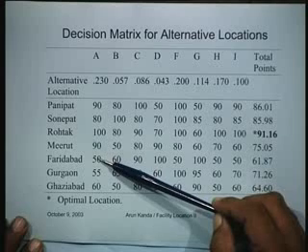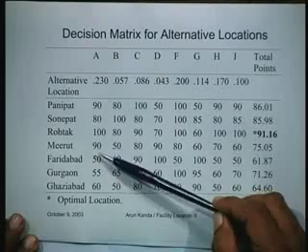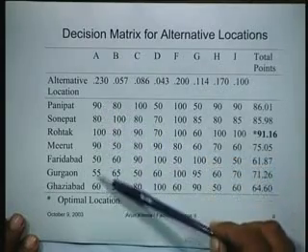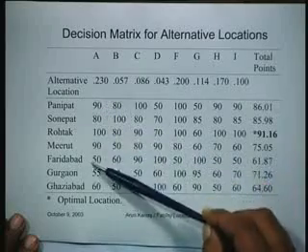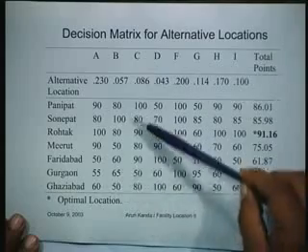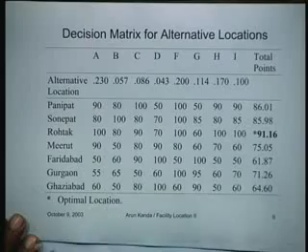Although it was an industrial town, there were already a large number of industrial units set up, so availability of raw material was more difficult as compared to other locations. So this was the scheme, on a normalized scale of 50 to 100. Similarly, all these evaluations were done on a normalized scale from 50 to 100.